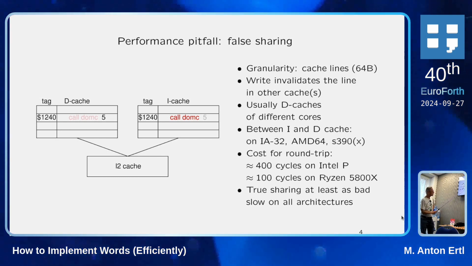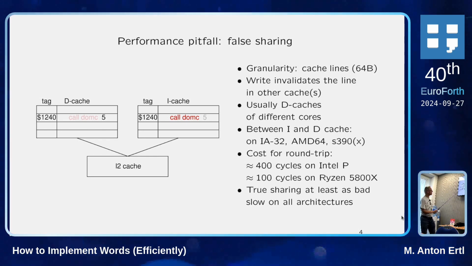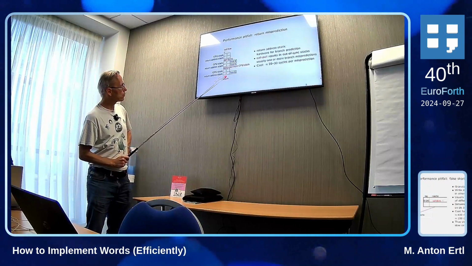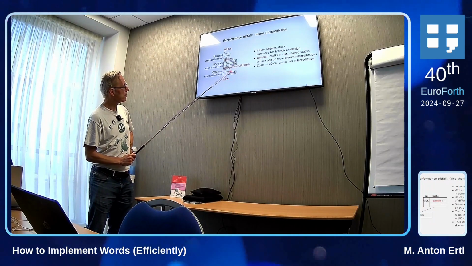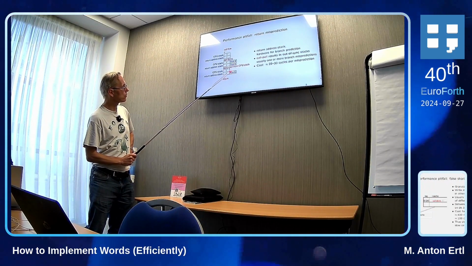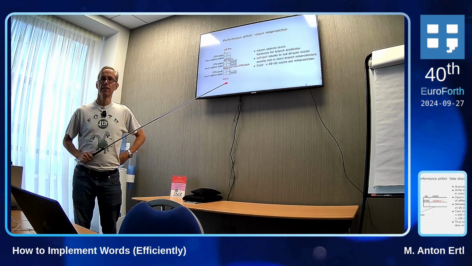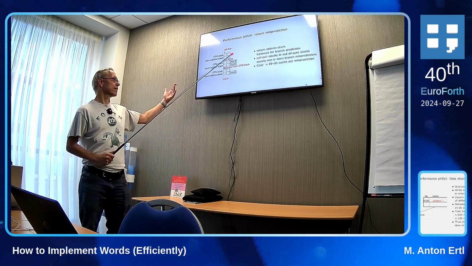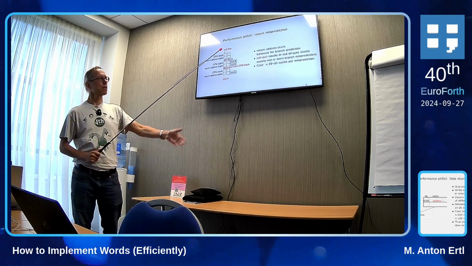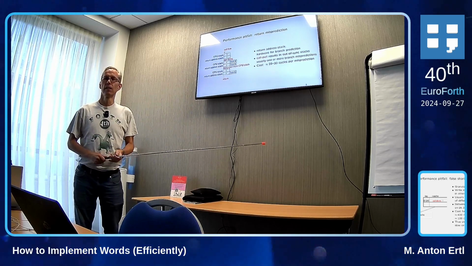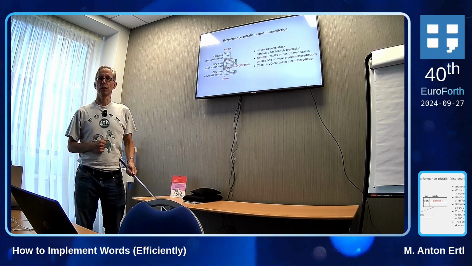Now these two stacks are no longer in lockstep. When we finally get to the return, it tries to return to the body of 5, which is wrong. Then it takes 20 to 30 cycles to recover from this branch misprediction.